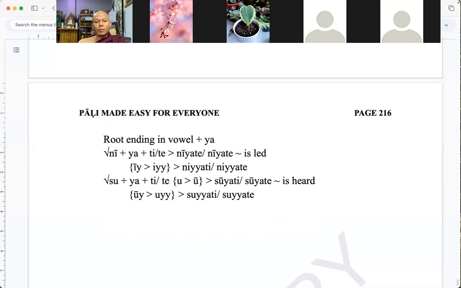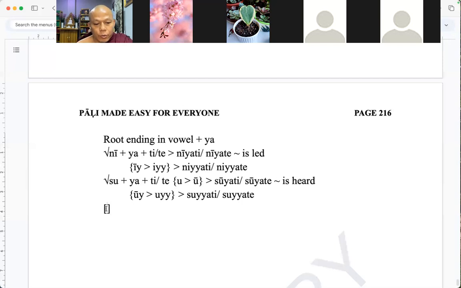Long vowel becomes short, and later in Pali such a change can be seen. Excuse me, Bante, you typed niyati twice. Ah, niyati and niyati. Okay.